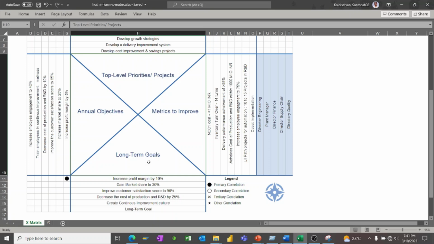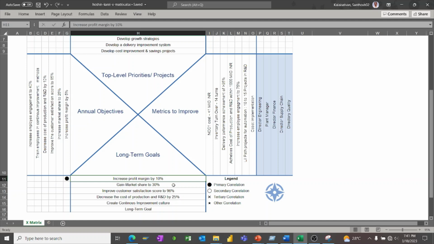Now you can see the long term goals. Long term goals are nothing but the visions; these goals will help to achieve the vision. So I will read some of the long term goals.